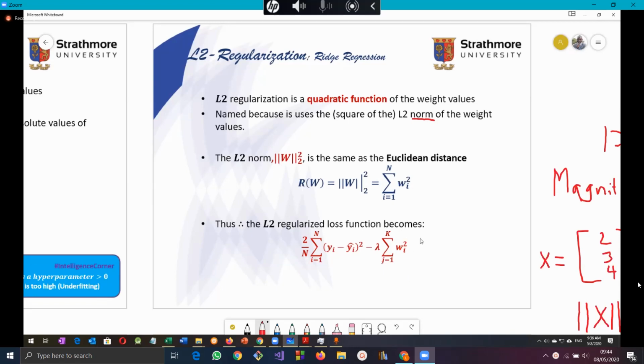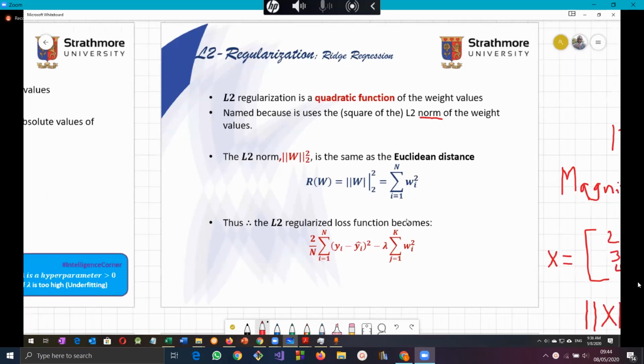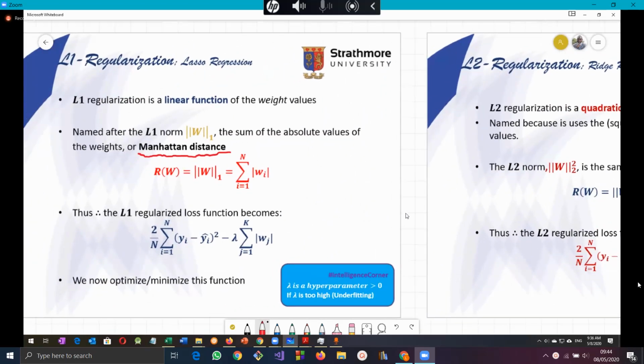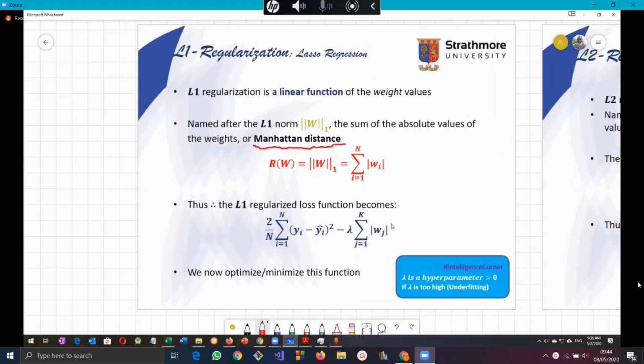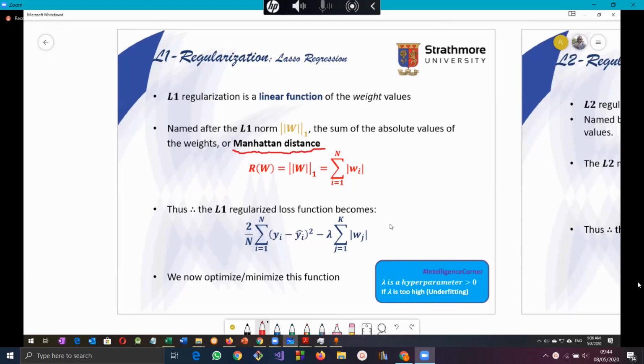So back to L1, this is what we are going to do. This is the modification we are going to do in the code, and that's now going to be the first lab assignment, to regularize linear regression using L1 and L2. I've already written down the question.